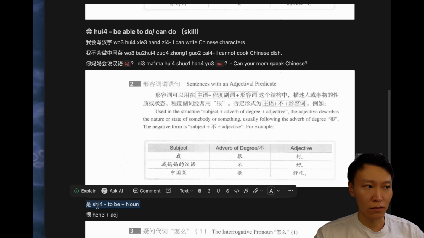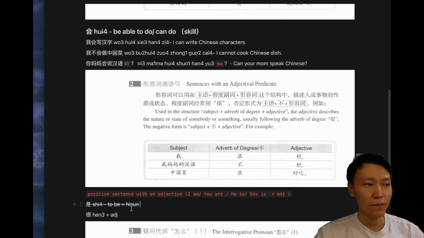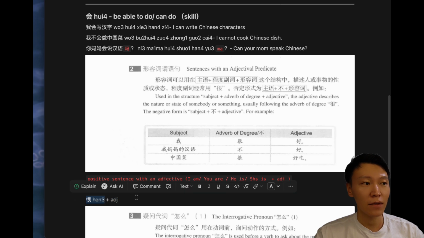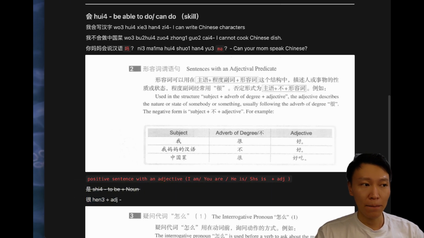So remember, this structure is not useful here. So in a positive sentence of I am, you are, he is, plus adjective, this is, or this am, this are, is translated into Chinese 很. And I also talked about that. 很 usually means very, or if you check the meaning of this character, it means very.